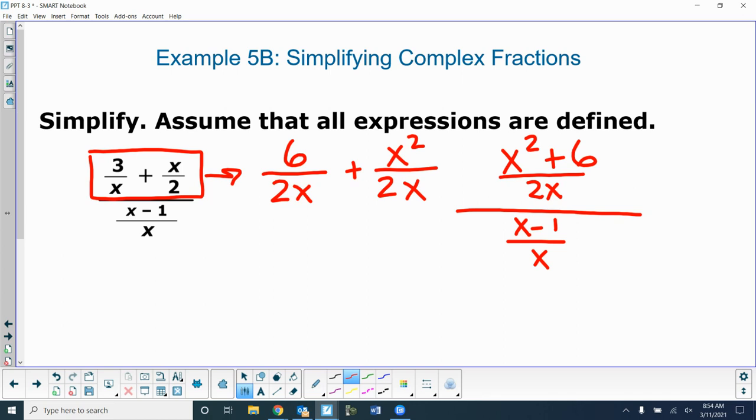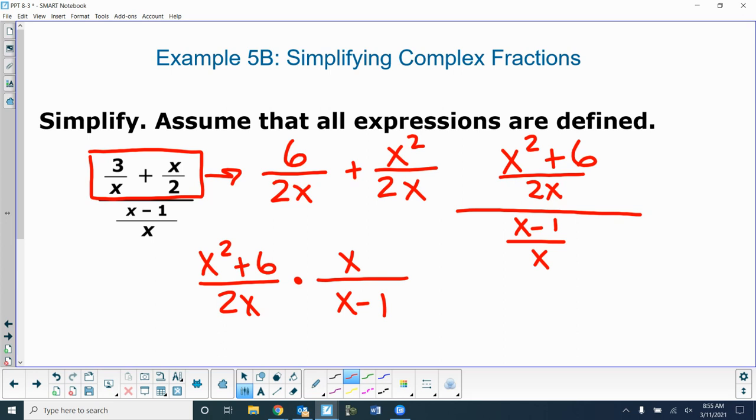Okay, so now, this first one, the top one stays the same. But the bottom one I do what with? Flip it. Can I factor any of these numerators or denominators?